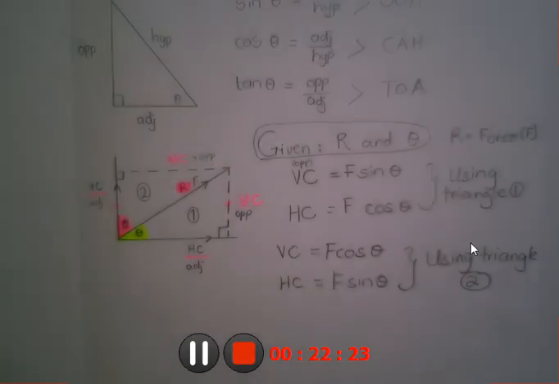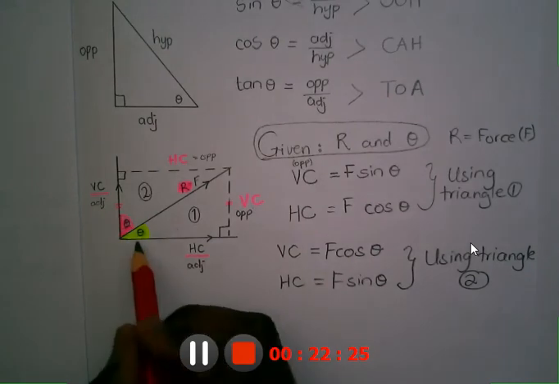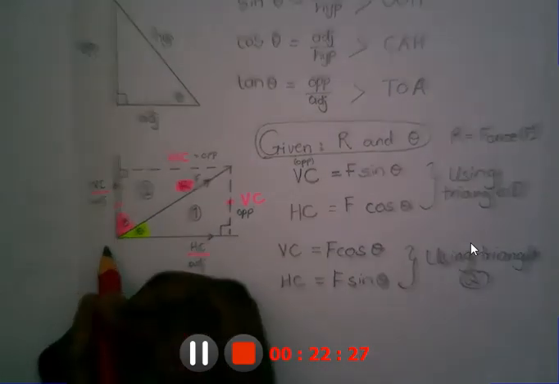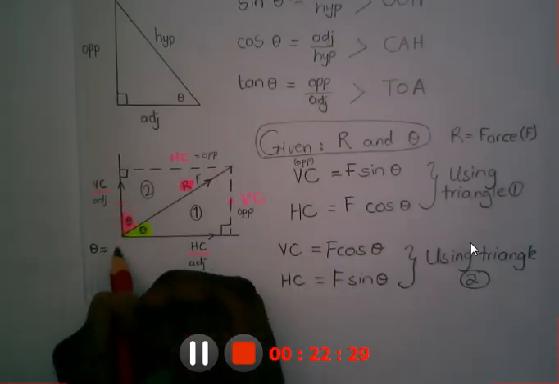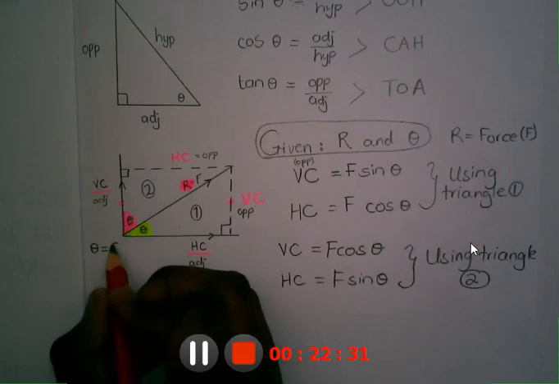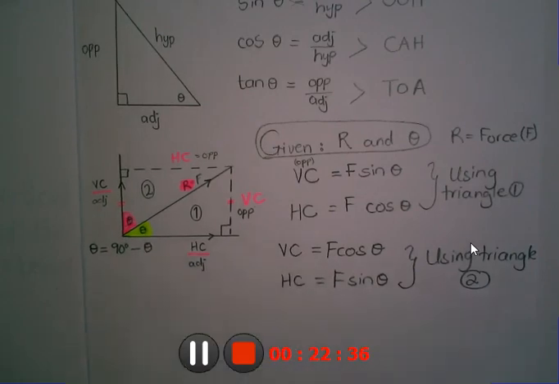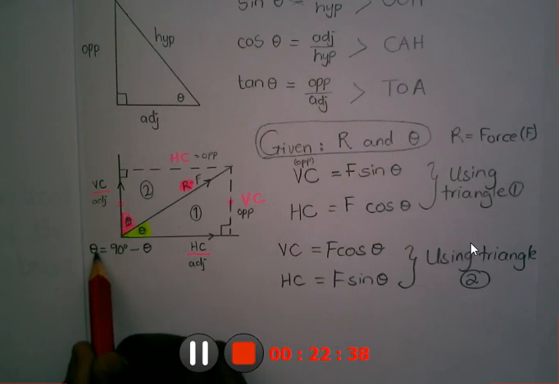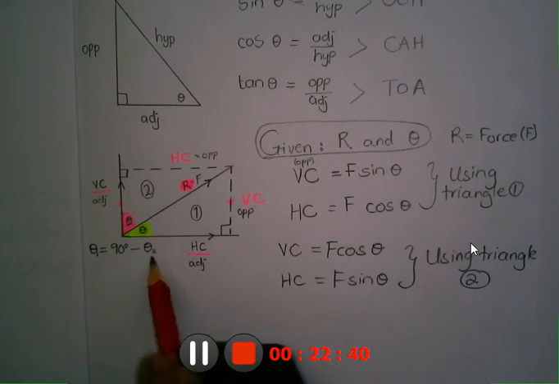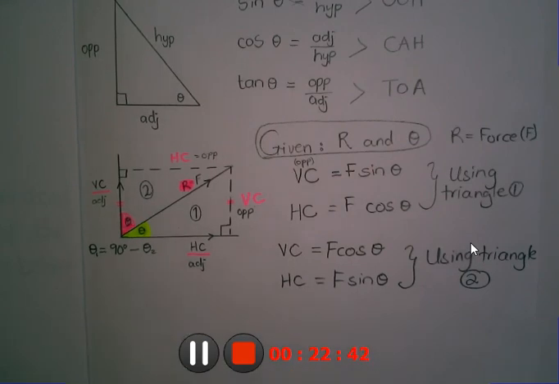If you want to use a triangle that is down, or triangle number 1, it means we have to calculate that angle, and the angle there would be 90 degrees minus the given one. So one angle will be 90 minus the second angle.